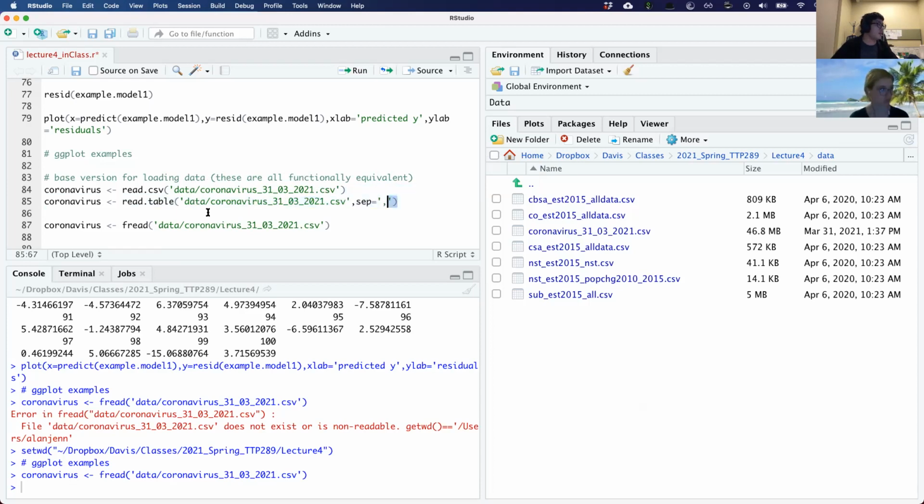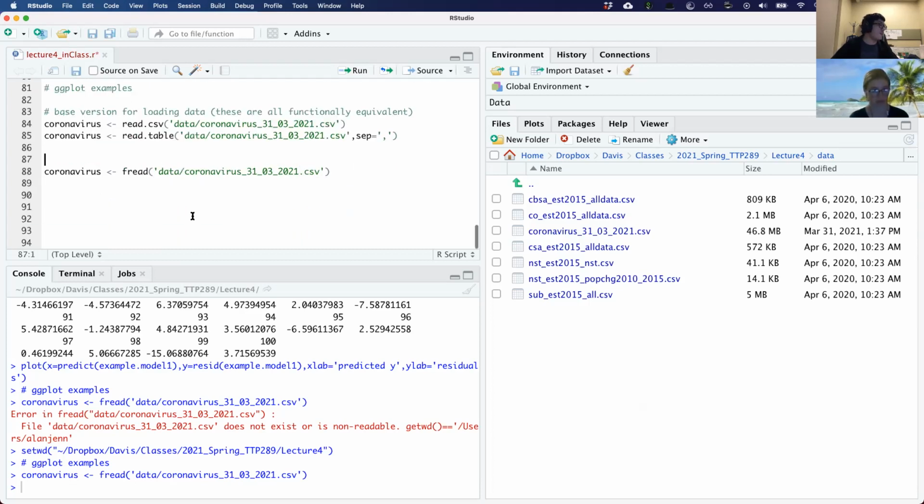And so the read table is the generic version of CSV, where you're allowed to do other sorts of separators. And what I have here is the data table version for loading data. And when you load in data, it'll automatically load it as a data table.